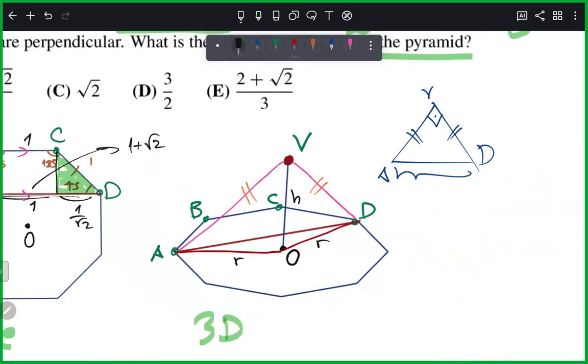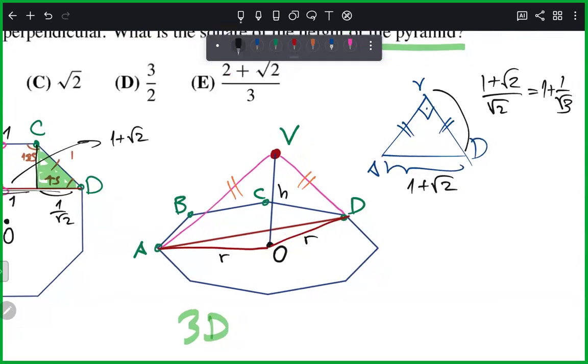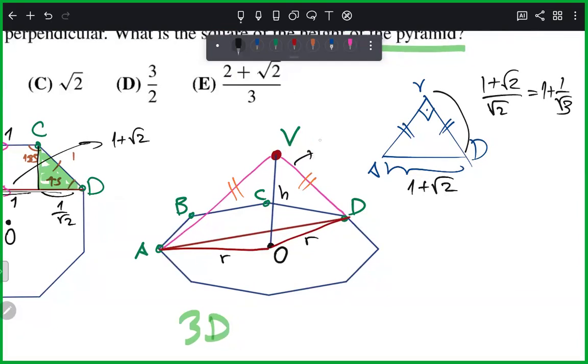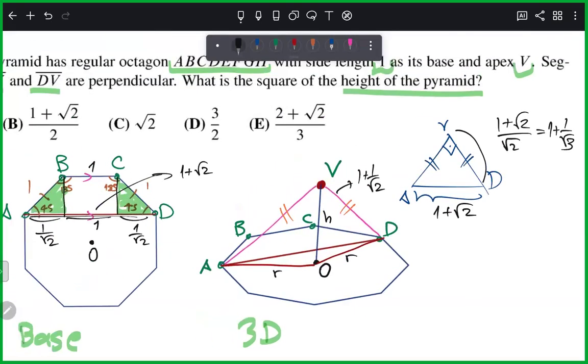Hence, we go back and write AD equals 1 plus root 2, and this gives VD as (1 plus root 2) over root 2, which is 1 over root 2 plus 1. So VD has length 1 plus 1 over root 2. Okay, so this is the first thing.